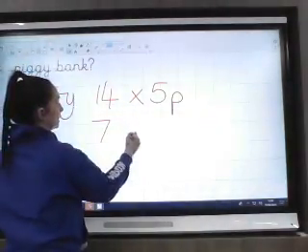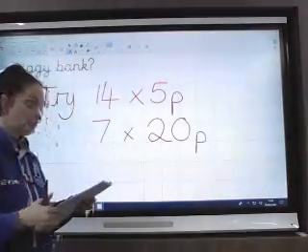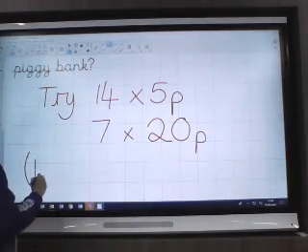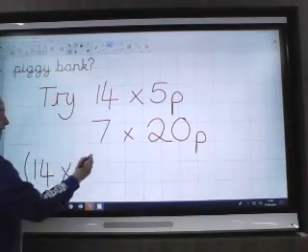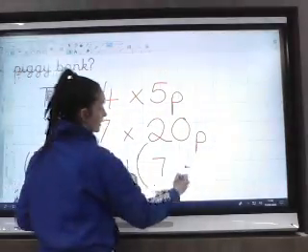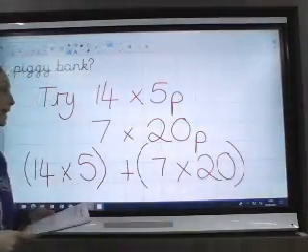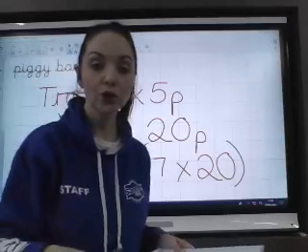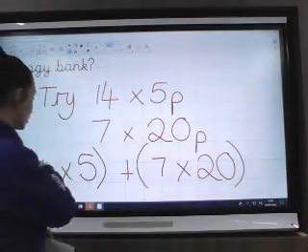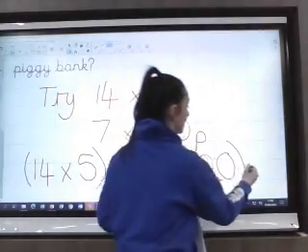So that would mean she's got 7 20p coins. Okay, so then to work out my answer then, I'm going to have to do 14 times 5, add 7 times 20. Okay, and that will give you your answer for how much she has got in her piggy bank.